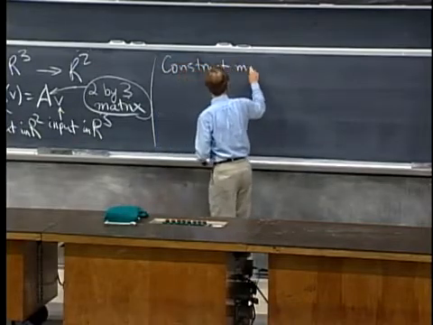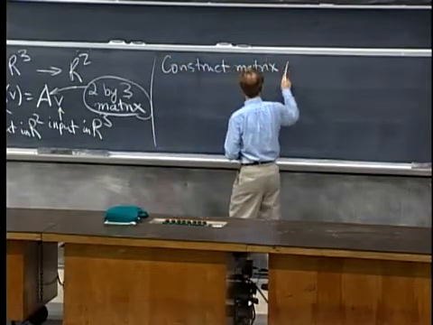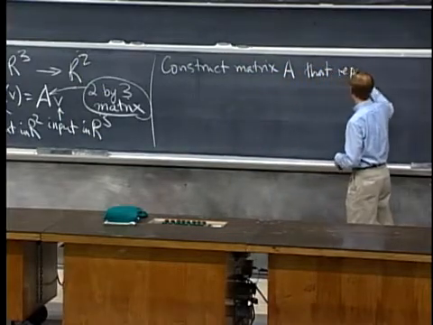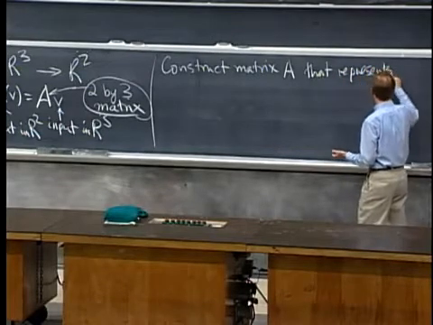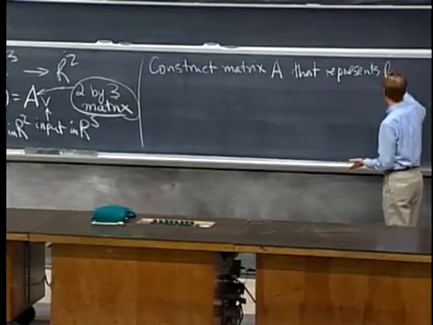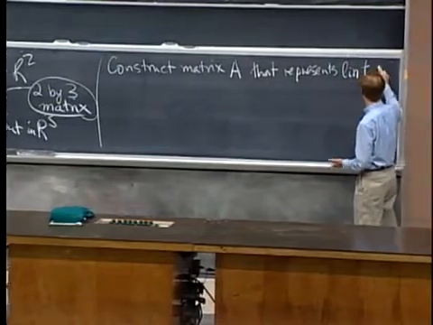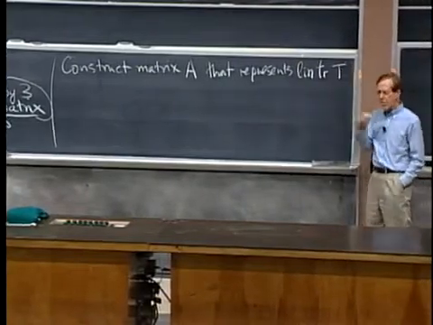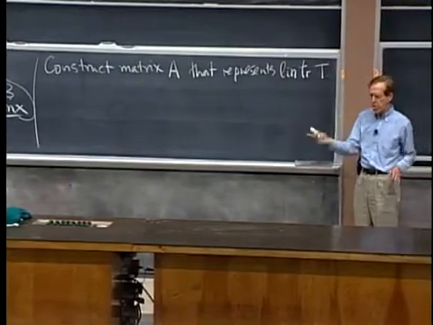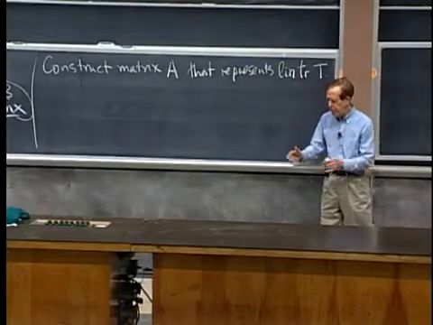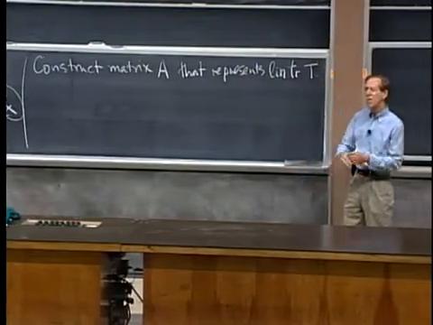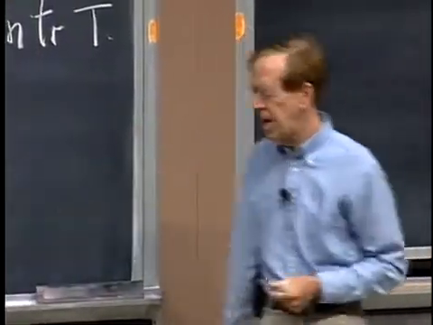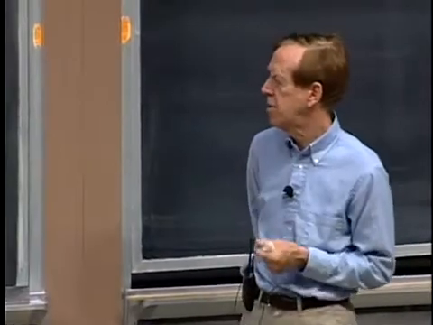the matrix A that represents or tells me about a linear transformation T. So I really start with the transformation, whether it's a projection or a rotation or some strange movement of this house in the plane, or some transformation from n-dimensional space to m-dimensional space.